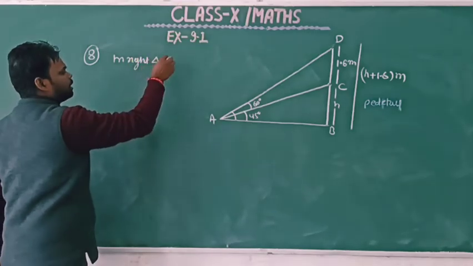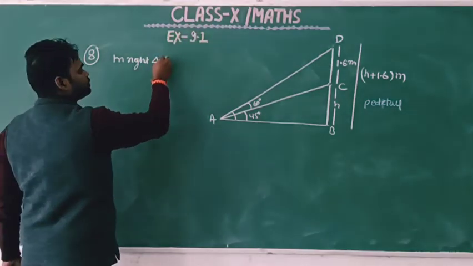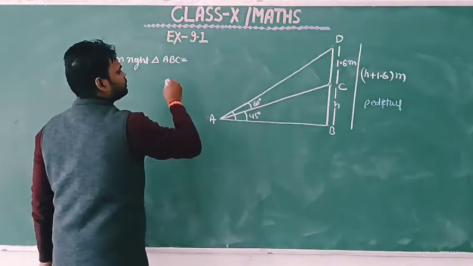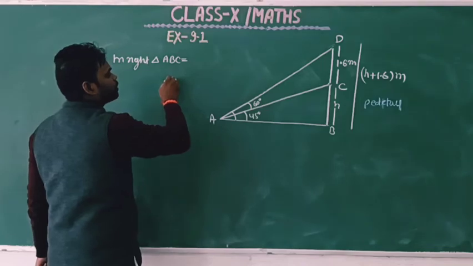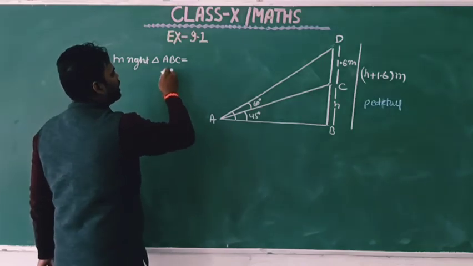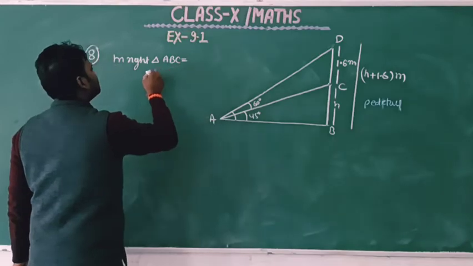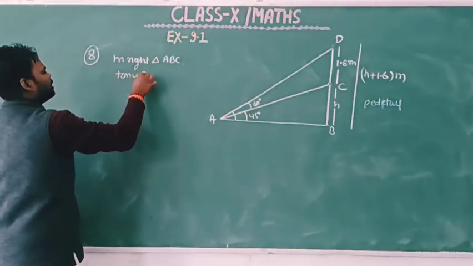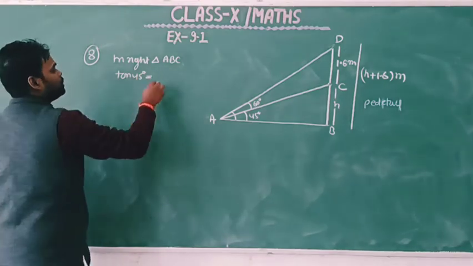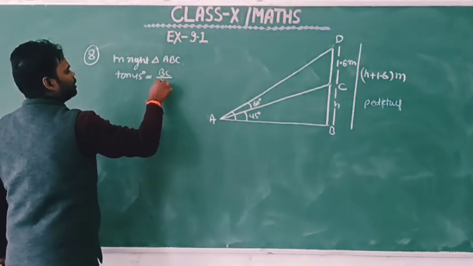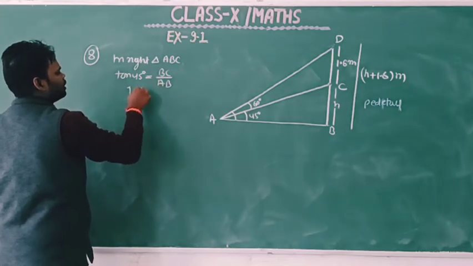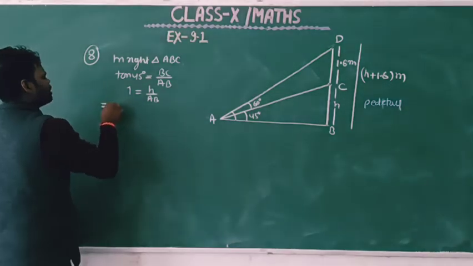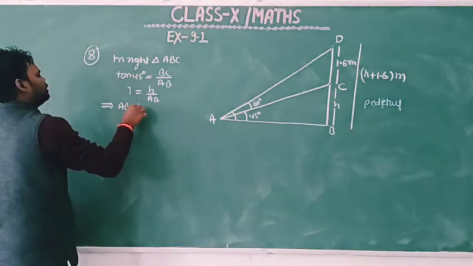So write, in right triangle ABC, tan 45 degree equal to BC upon AB. So this is 1 and BC is h upon AB. This implies AB equal to h.